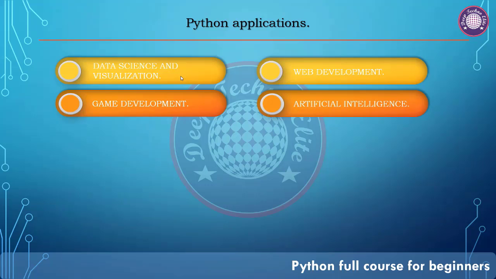Next one is artificial intelligence. Without any dispute, artificial intelligence is going to lead the future of IT. Python's libraries such as Keras and TensorFlow enable machine learning functionality. Also, OpenCV, that is the open source computer vision library, is used for building intelligent systems.